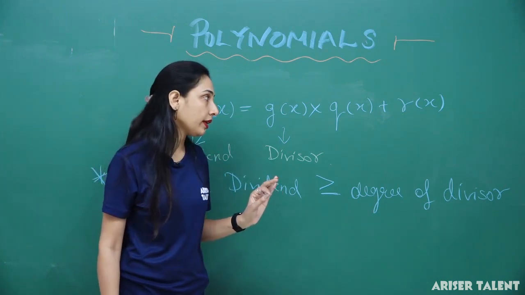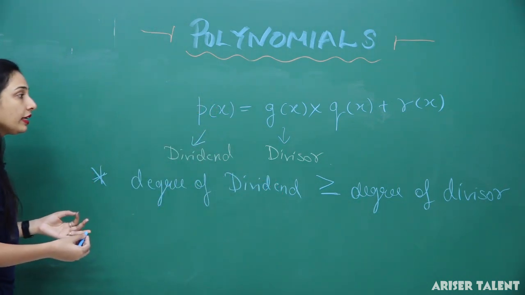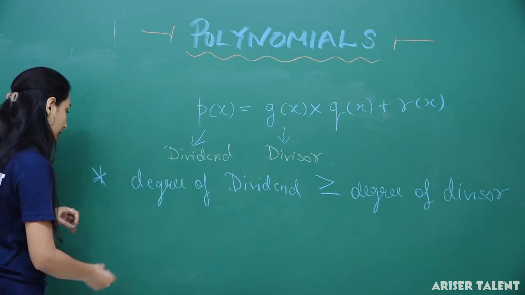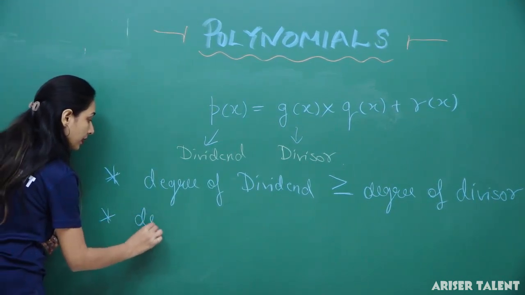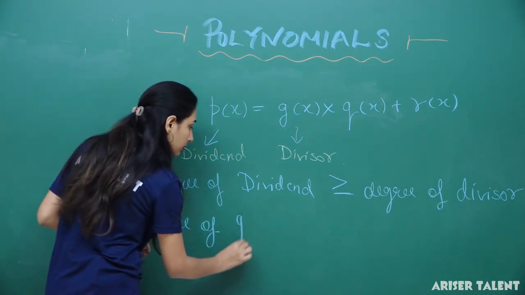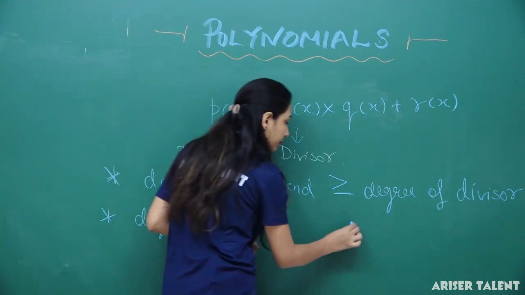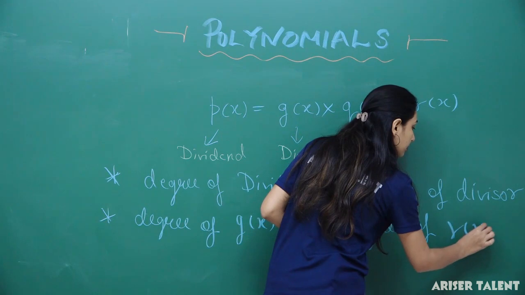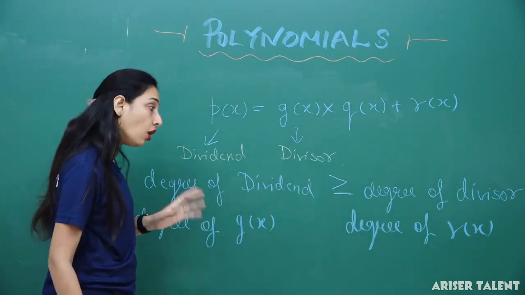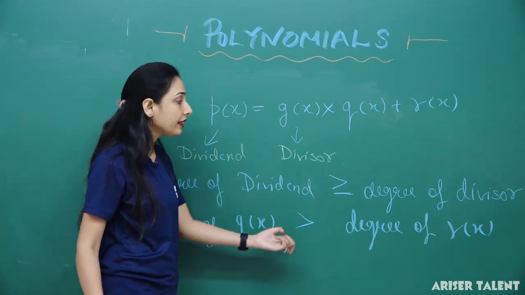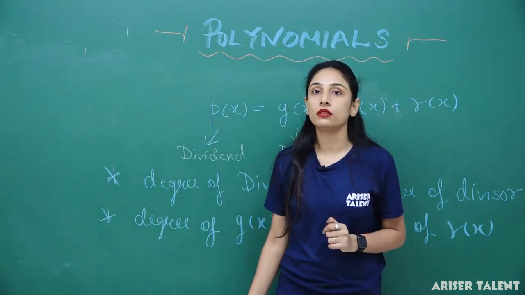Understood? Okay. Now there is something between the degree of divisor and the degree of remainder also. So can I say that the degree of g(x) and the degree of r(x): always the degree of g(x) will be greater than the degree of r(x).